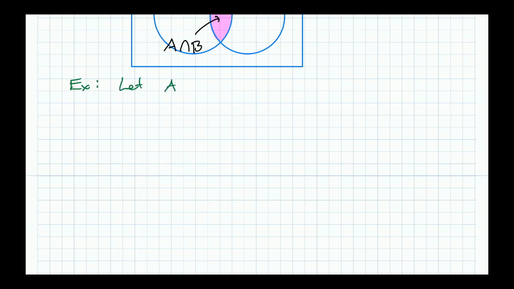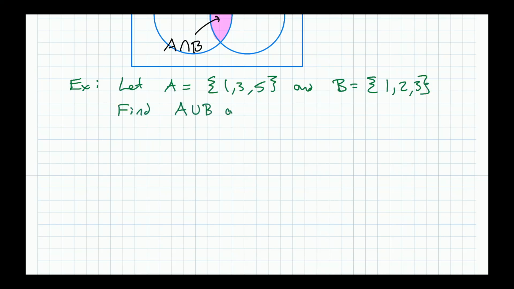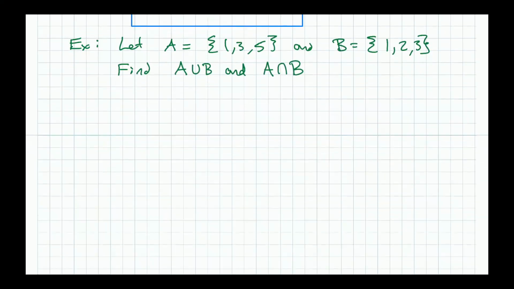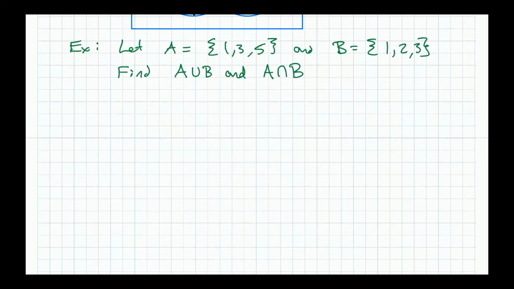Let A equal 1, 3, 5, and B equal 1, 2, 3. Find A union B and A intersect B. We want both of those. You're just going to use your knowledge of these new things. Let's start with the union.